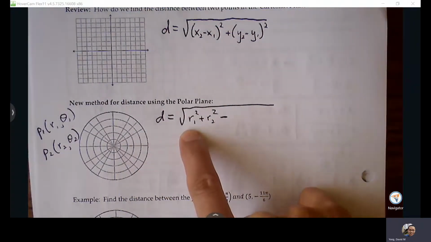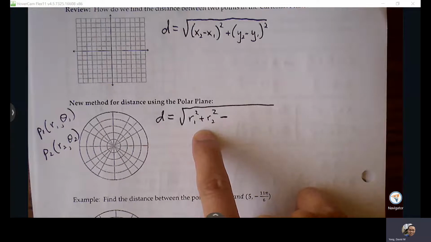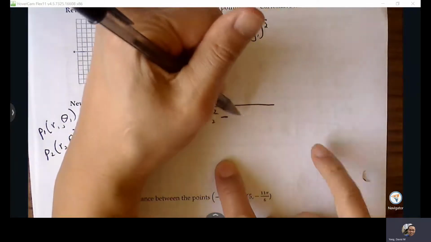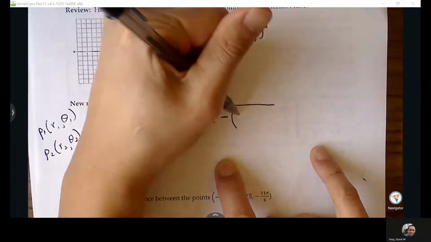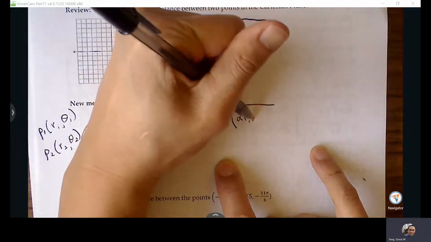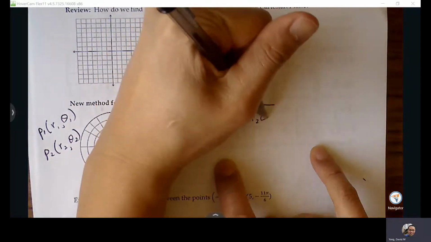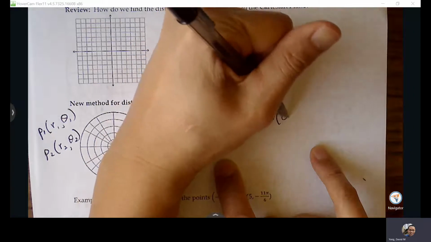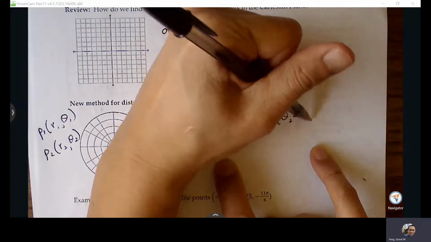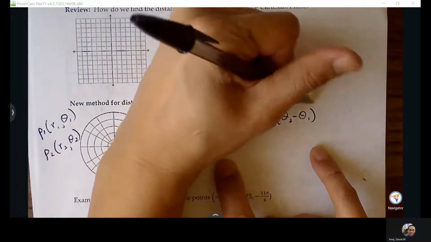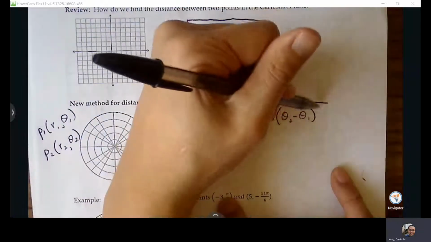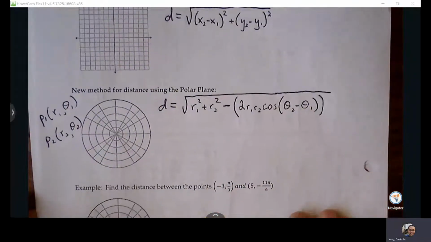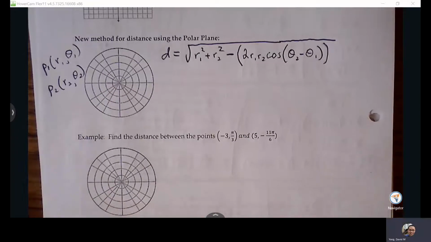So we'll add the radius after we square them, minus 2r1 r2 cosine of theta 2 minus theta 1. Okay. Feels kind of messy, but if we're careful and just enter everything in piece by piece, we can make the calculator do all the work for us.